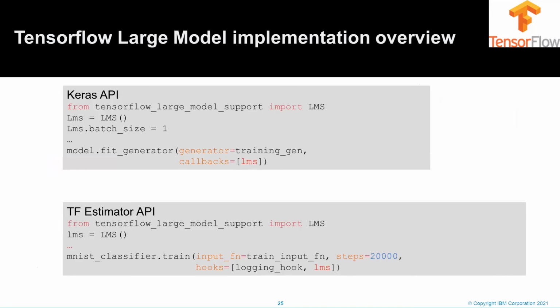So how could you use LMS in your own code? It's very simple. For TensorFlow, there are 2 lines to change, and actually a callback or a hook. If you are using the new estimator structure from TensorFlow 2.0, you have to implement hooks with LMS.